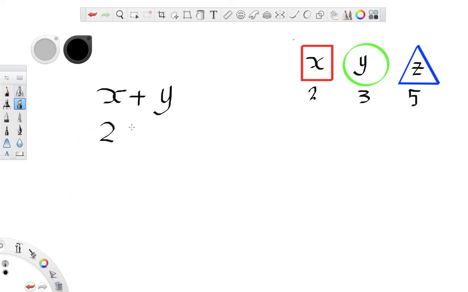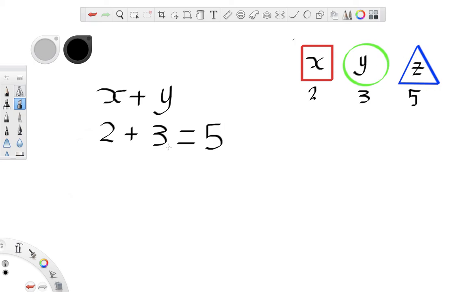And I'll drop our addition sign down, and then we'll look, well, we've got Y, and Y was the green circle, and that green circle was 3, so we'll just put 3 for Y, and then that is equal to 5. So what I've shown there is that we don't need the shapes, we can just have letters.